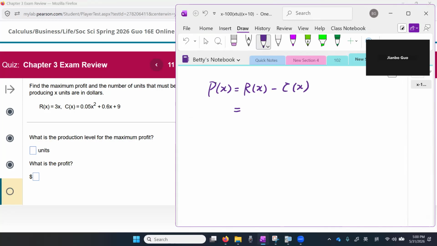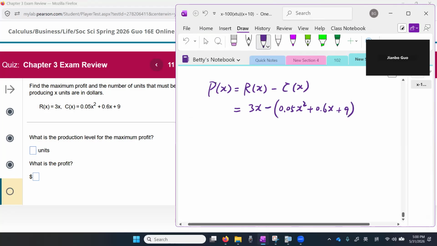Revenue function is 3x. Cost function is 0.05x squared plus 6x plus 9. So we distribute, we have 3x minus.